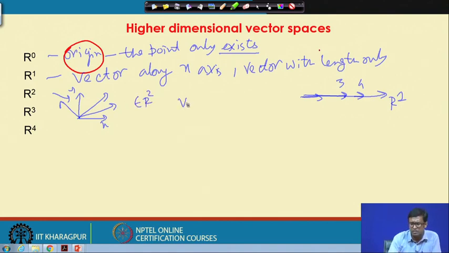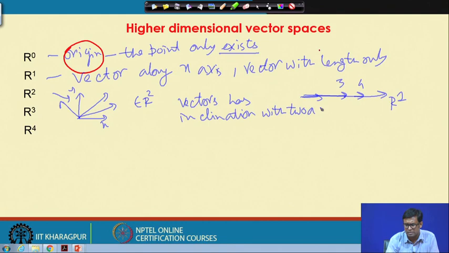So, vectors which are members of vector space R 2, or real coordinate space R 2, have inclination with 2 axes. It has some inclination theta along the x axis, and some inclination phi along the y axis; of course, theta plus phi is 90 degrees.